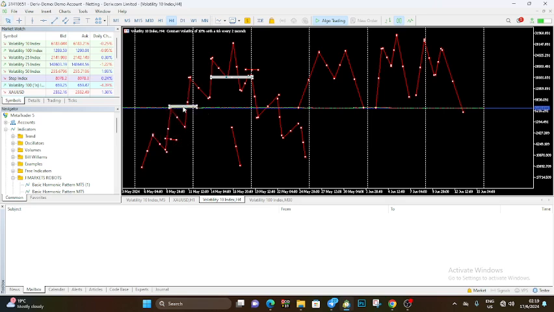Again, we do the same thing. If it's something like this, we buy, put our stop loss, and trade something like this. Now, these ones that I've been showing you are called continuation trades.